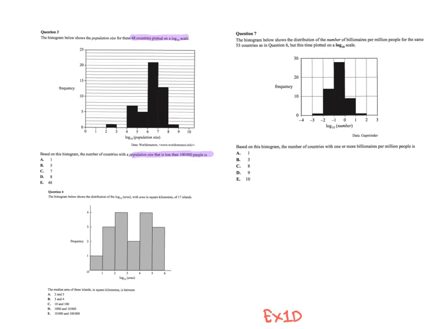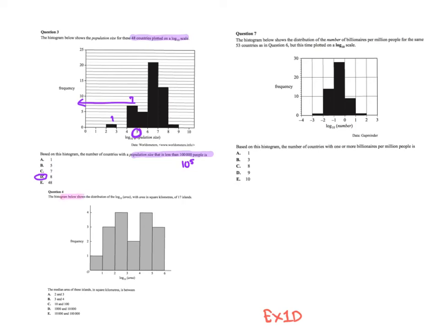How many zeros are there? 10 to the power of 5 is 100,000. So they want less than that, so I'm looking at 5. How many are less than that? If I go up there, that's 5, 6, 7 and 1, so 8. So I've done that one.